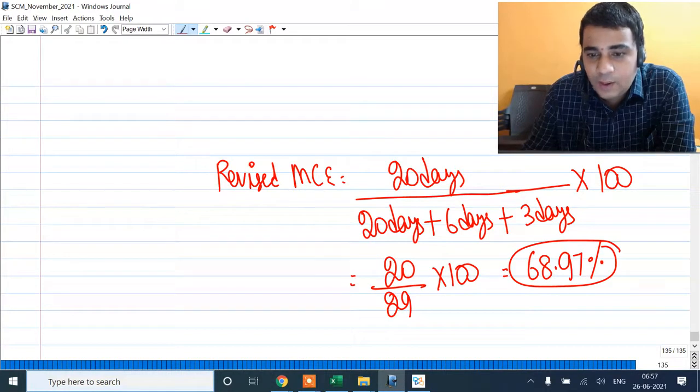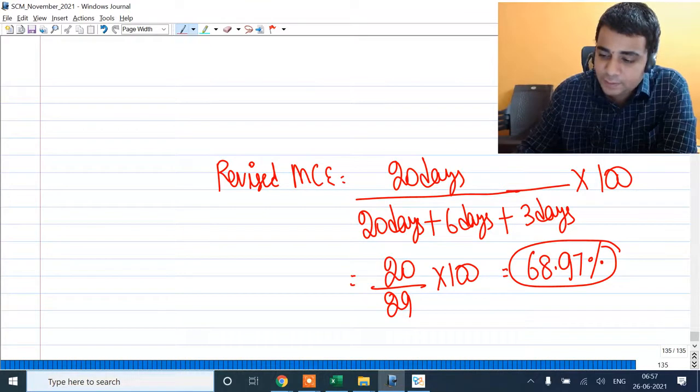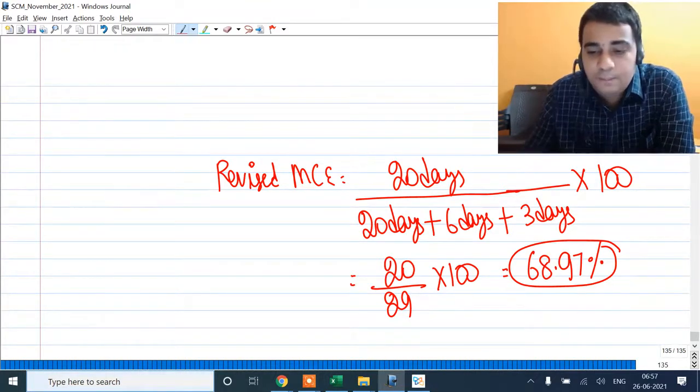Earlier it was 20 on 32. 20 on 32 was 62.5. 20 on 29 is 68.97%. Any doubts on this?